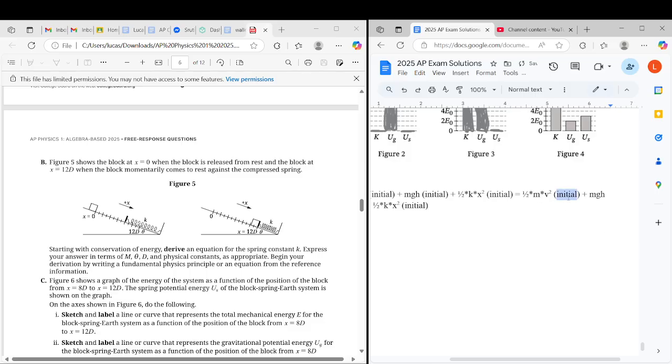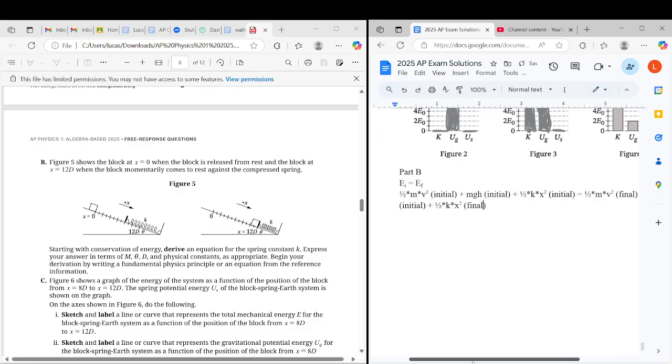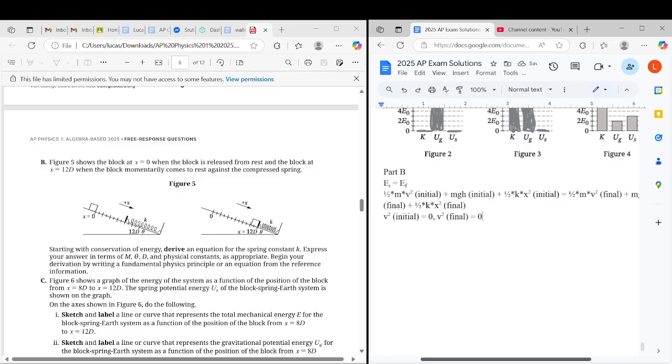So we're going to just change this to final, and here too. And we can plug in values: v squared initial equals 0 because it's at rest, and v squared final is also 0, because there's 0 kinetic energy in both places.